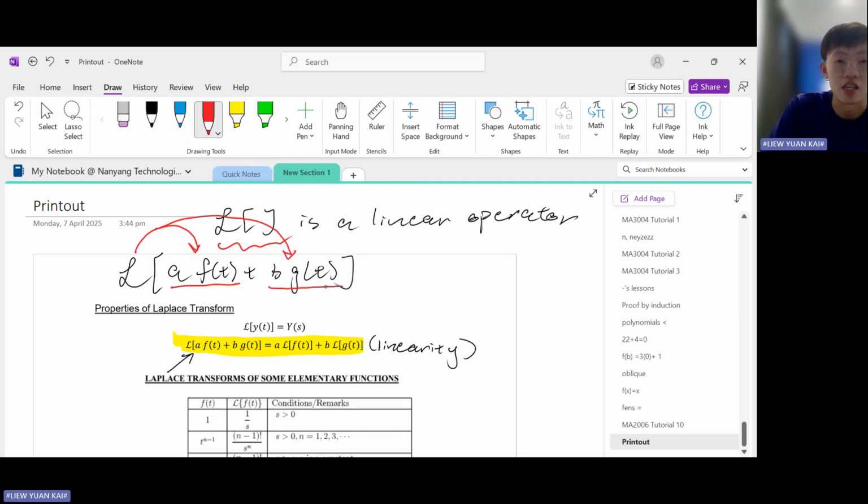This is just like differentiation. Remember differentiation? Suppose I give you x squared plus 2x. When you let the derivative operator act on this expression, the differentiation will act on the first term and the second term.